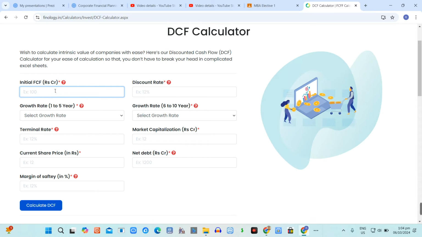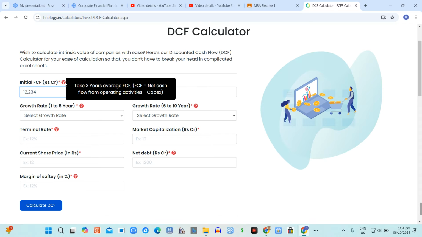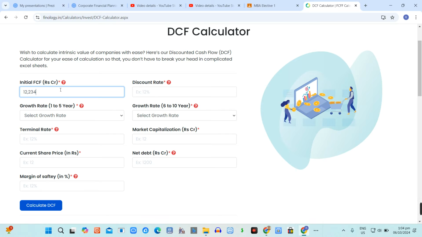Let's say that this is in millions. So let's say it's 12,234. So that means 12.234 billion. This is the free cash flow. Okay, 145.